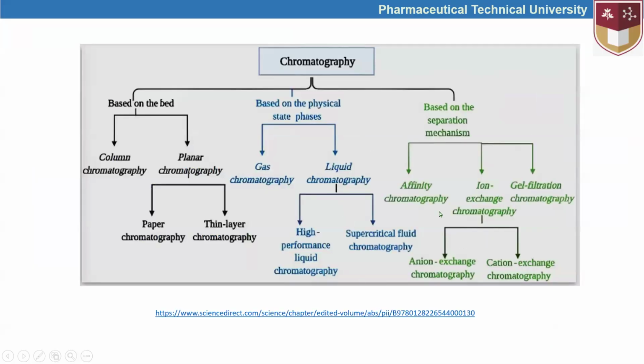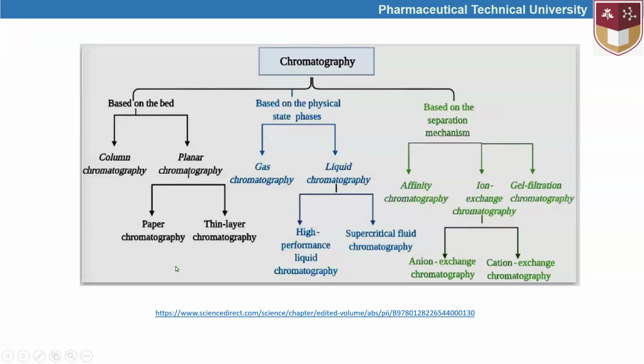Okay, and based on different factors, chromatography can be classified differently. For example, based on the beds, we can divide chromatography into column chromatography and planar chromatography, which is sub-classified as paper chromatography or thin layer chromatography. We are going to talk about thin layer chromatography.